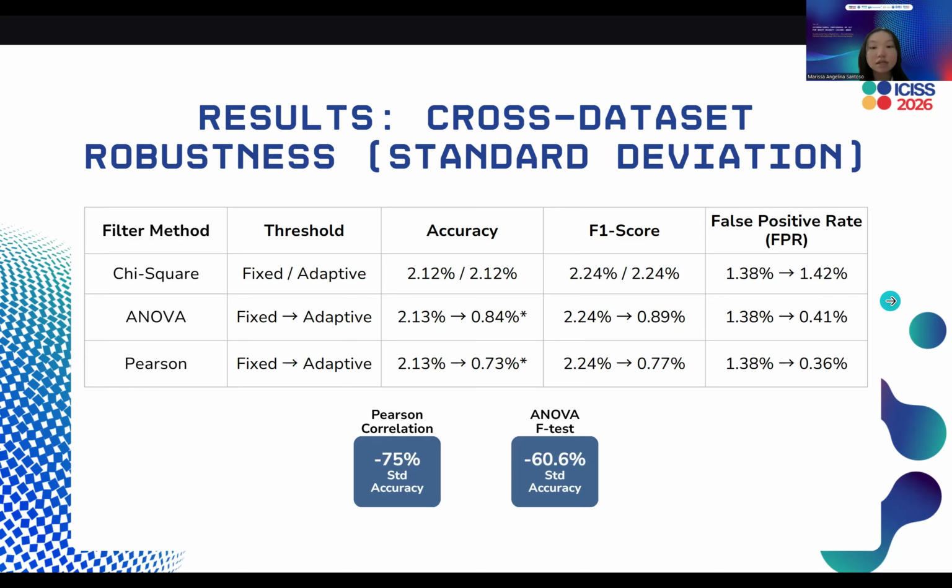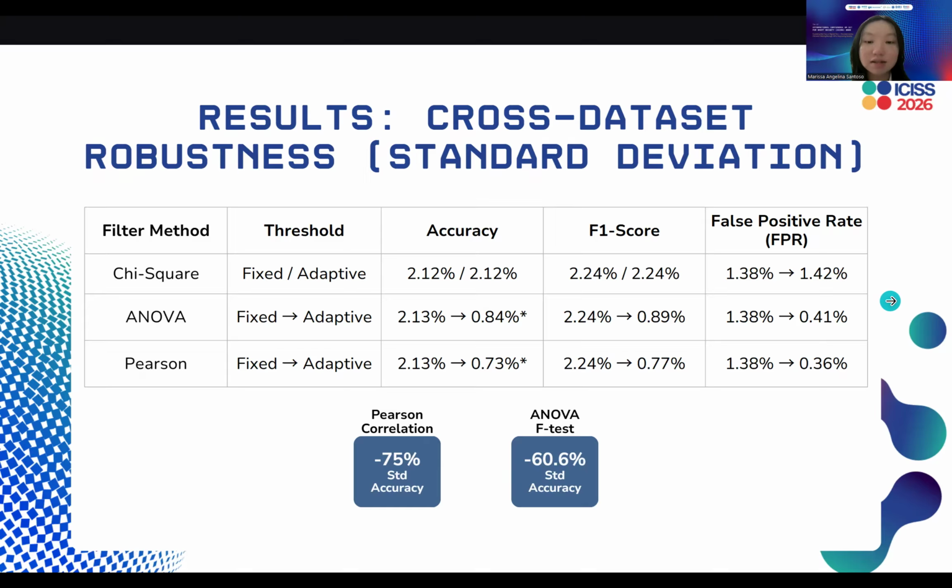With chi-square, since the threshold barely changed, robustness stayed roughly the same at 2.12. But with ANOVA, standard deviation in accuracy dropped from 2.13 down to 0.84%, a 60.6% reduction. And with Pearson, it dropped even further from 2.13% to just 0.73%, a 75% reduction in variance.